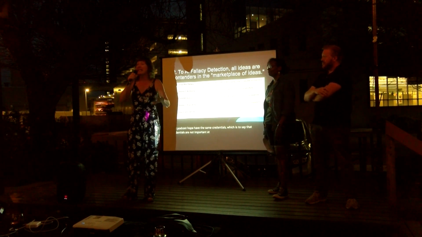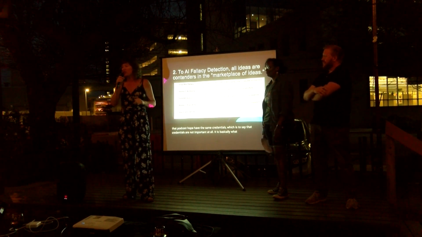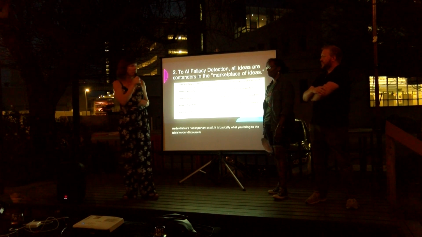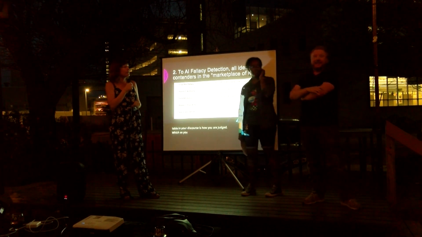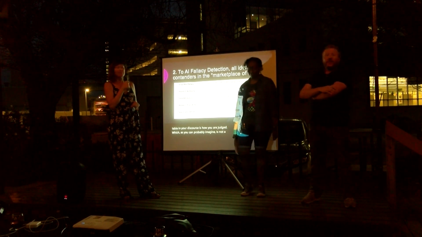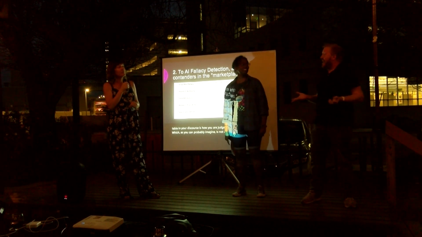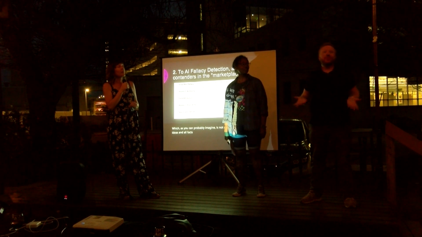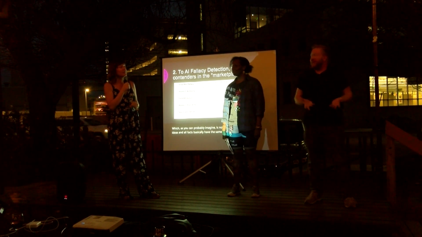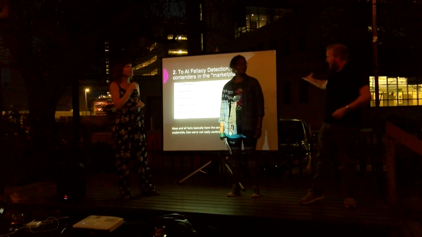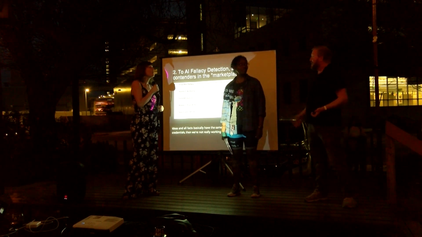It is basically what you bring to the table in your discourse is how you are judged. Which, as you can probably imagine, is not a very helpful tool. When all ideas and all facts basically have the same credibility regardless of actual credentials, then we're not really working with facts, which segues nicely, I think, into the last slide and problem here.